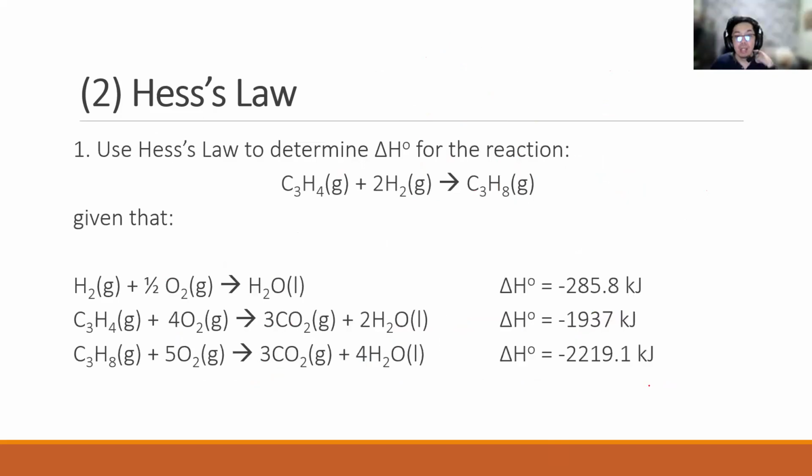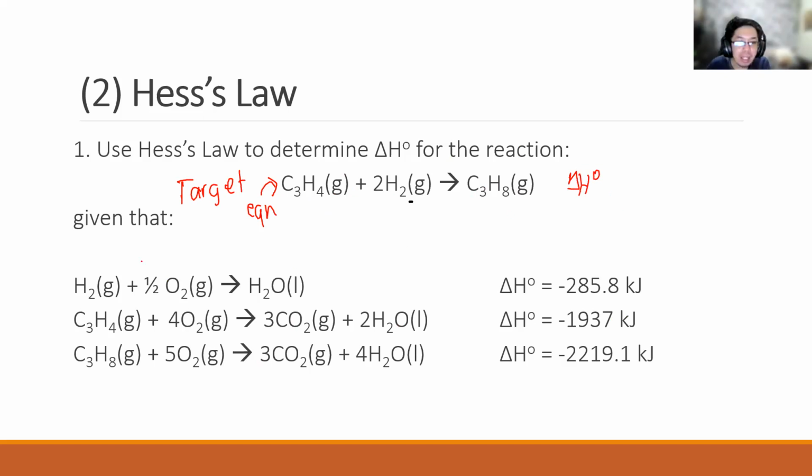So let's proceed. So for example number 1, use Hess's law to determine the delta H naught for the reaction. So if you will see here, Josh, you'll be given with a target equation. This is your desired equation. You don't have the delta H naught of the reaction, right?